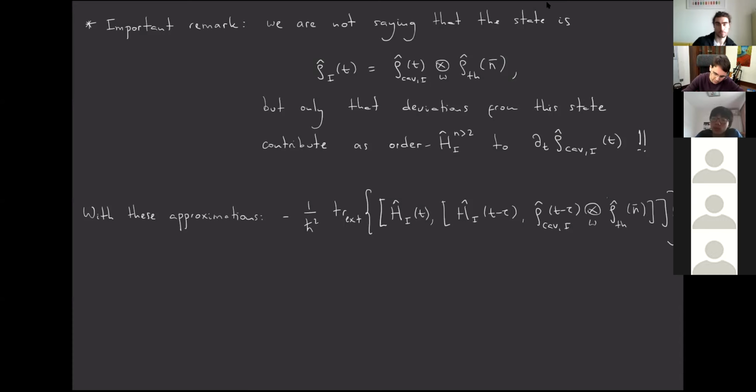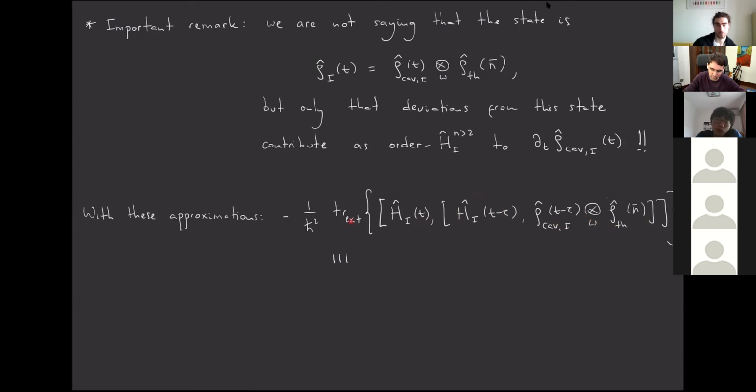And now you see that this thing in here, let's count terms. So we have Hamiltonian, Hamiltonian, and then we have external trace, and then this is already a tensor product.